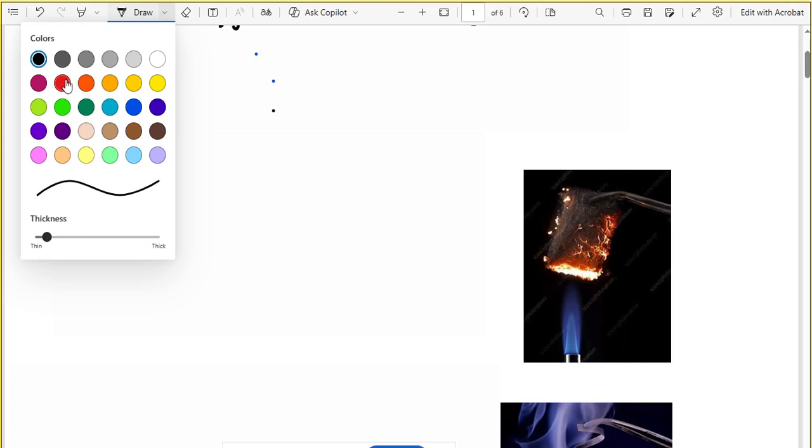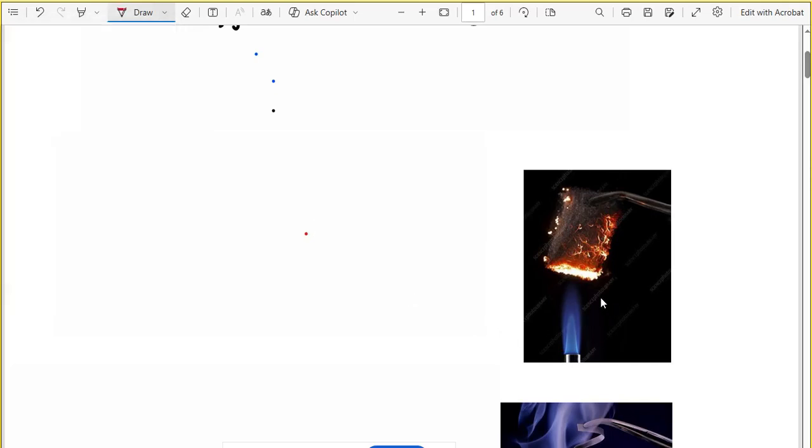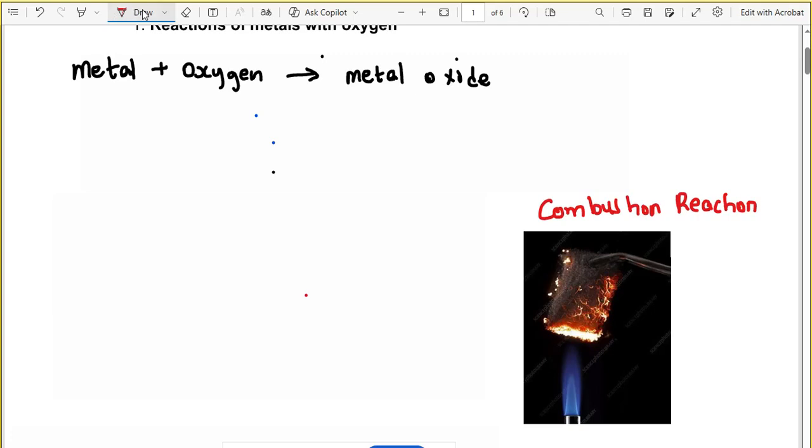Do you understand? Yes. So we have a metal that is burnt, and we're going to call it a combustion reaction. So in an exam, they'll say that a metal is burnt in flame. What is that reaction called?